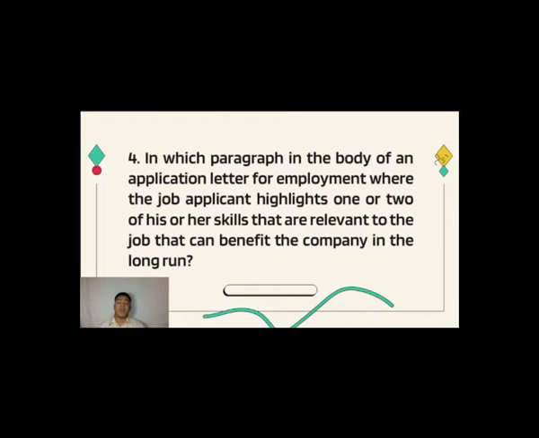Number 4. In which paragraph in the body of an application letter for employment does the job applicant highlight one or two of his or her skills that are relevant to the job that can benefit the company in the long run?